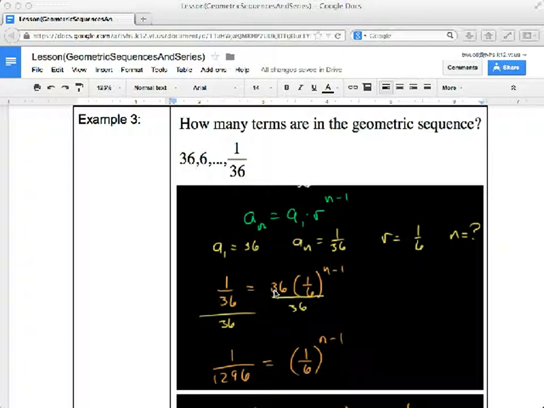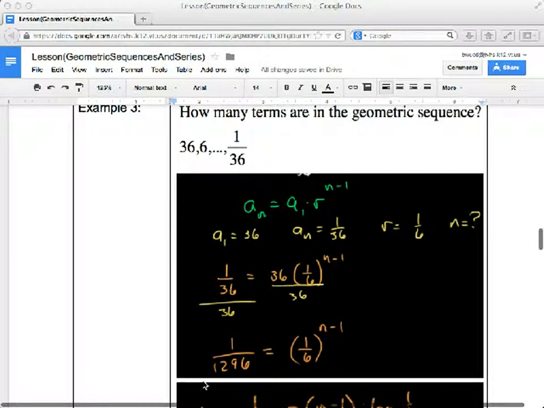So in order to solve, I have to divide both sides by 36. What is this equal to? Dividing by 36 is the same as 1 over... Don't you do the reciprocal?